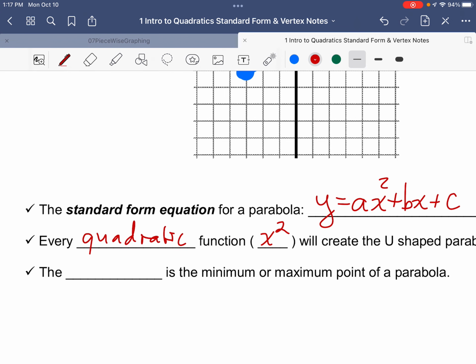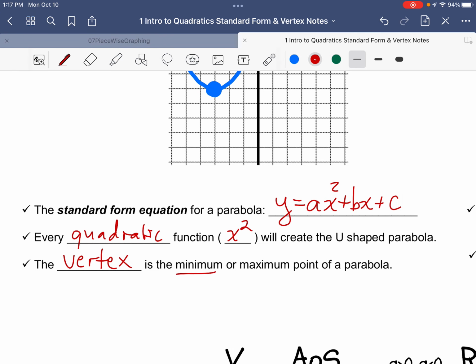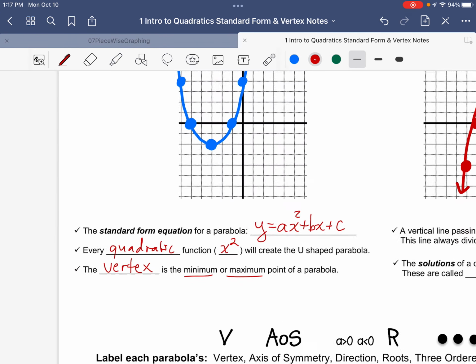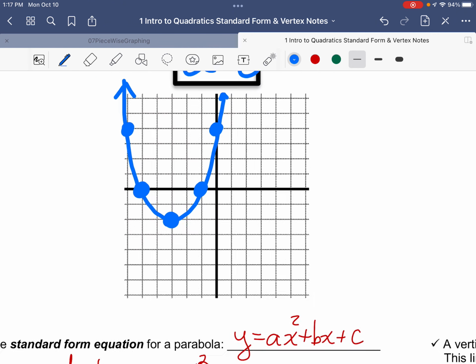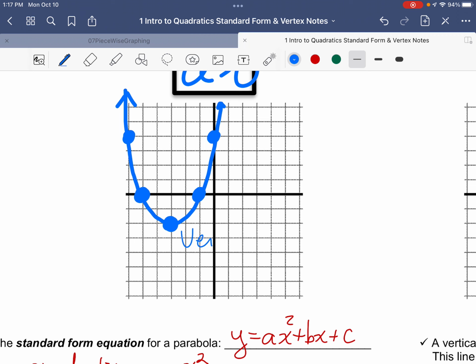Now, depending on the way that the parabola opens, we find out that the vertex, which is a very important point, will end up making a minimum or a maximum. Let's take a quick look. It's just kind of visual and easy to see that the vertex for this particular graph, that is the point at the bottom, is actually going to be a minimum point.